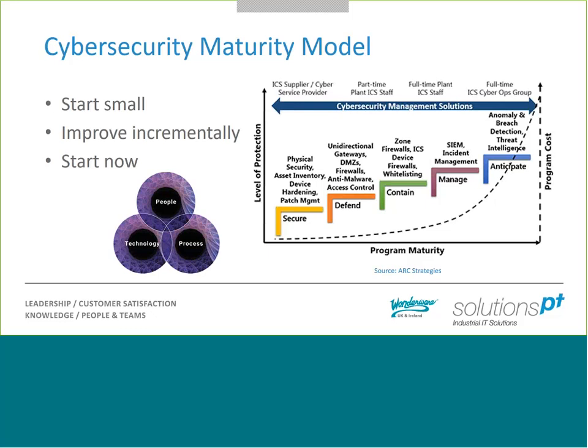But if you invest in a very expensive security solution from a technology perspective, the people have to buy into that, and your processes have to be agile to make sure that technology will work, otherwise it just won't. It almost has to be part of your culture inside of your organisation.